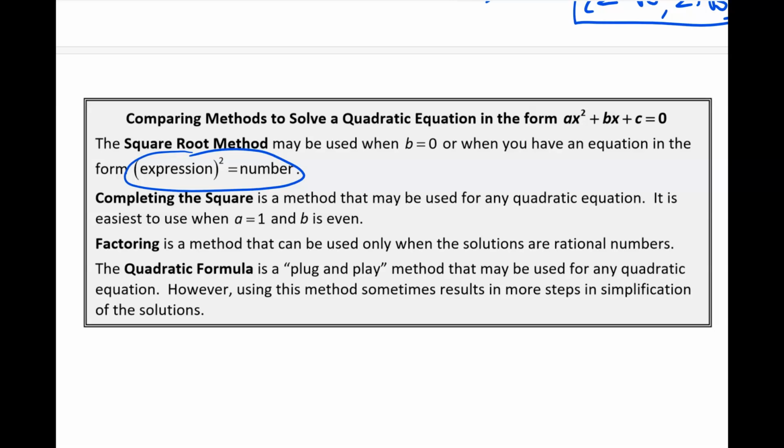So that's just something to consider when you're deciding which one to use. Different ones, it's easier to use one method over another. And that wraps it up for this section.